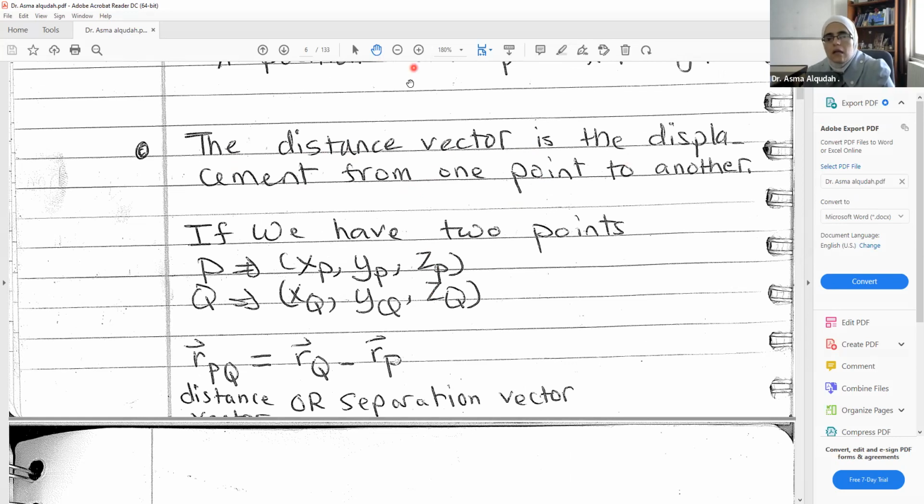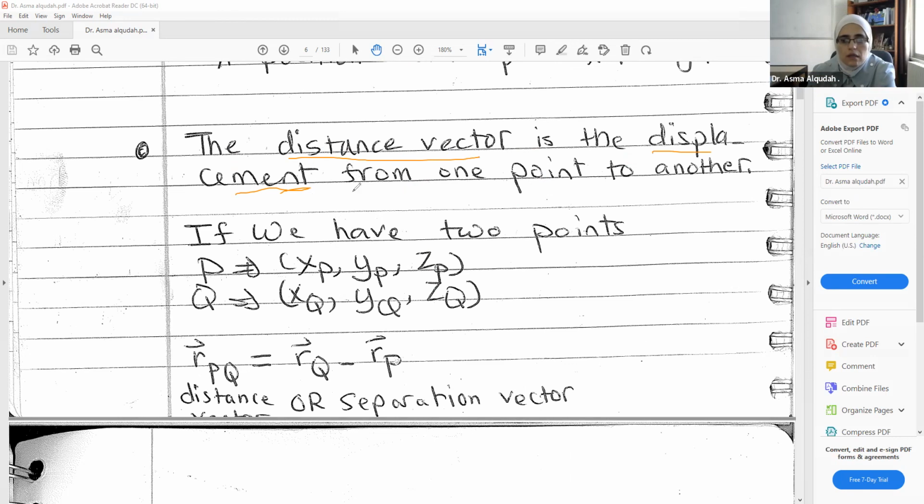We can call it the distance vector or the displacement, because the word displacement itself means a vector. So if I ask you to find the distance vector, or the displacement between 2 points, then it's a vector quantity.